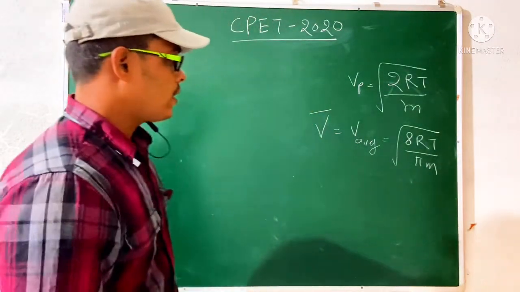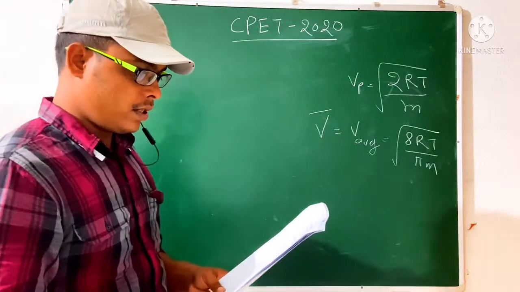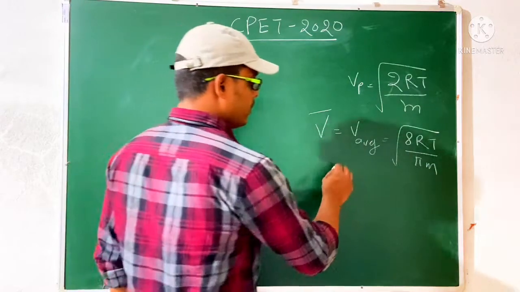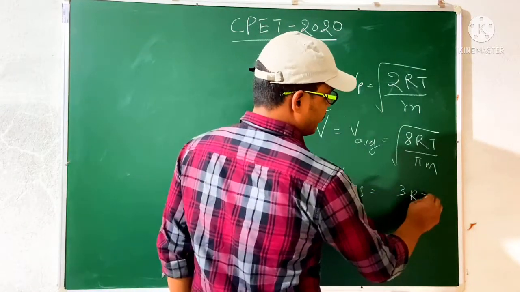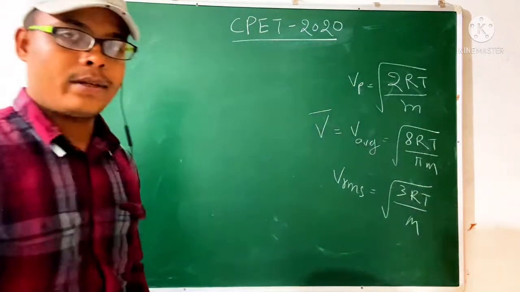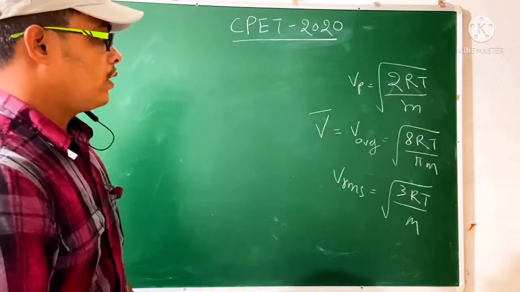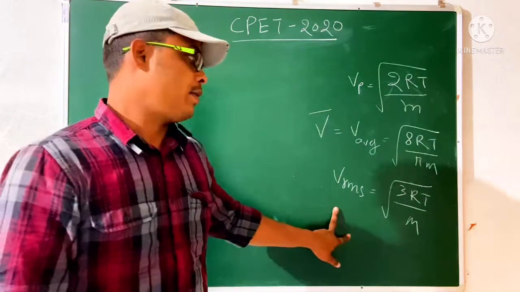Next is your RMS velocity, that is root over 3RT by m. So these are the three velocities in molecular physics: the most probable velocity, the average velocity, and the RMS velocity.